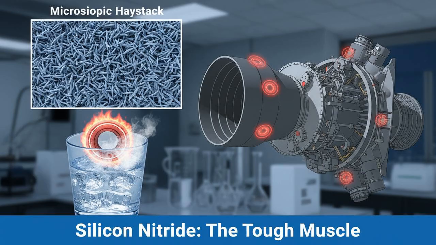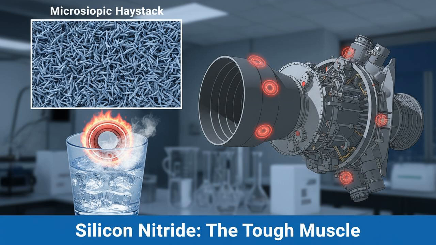The second titan is silicon nitride. If silicon carbide is the hard shield, silicon nitride is the tough muscle. Its microstructure is unique. It consists of interlocking needle-like grains. Imagine a microscopic haystack where every needle stops cracks in their tracks. Its superpower is fracture toughness and resistance to thermal shock.